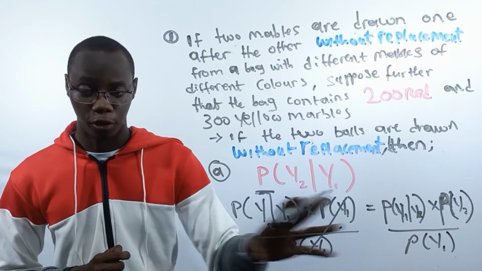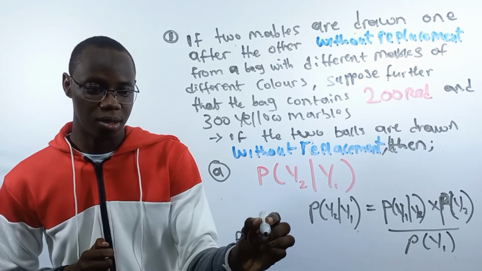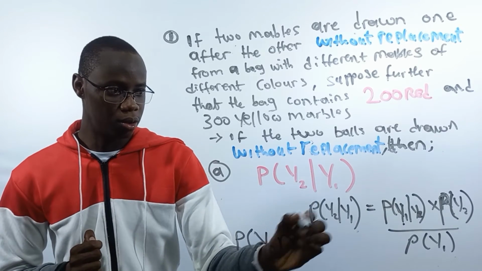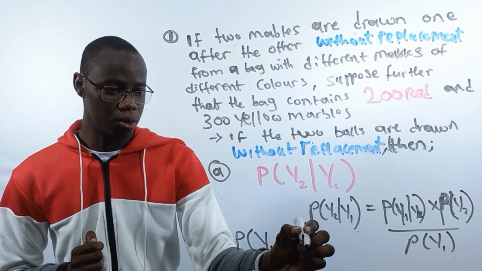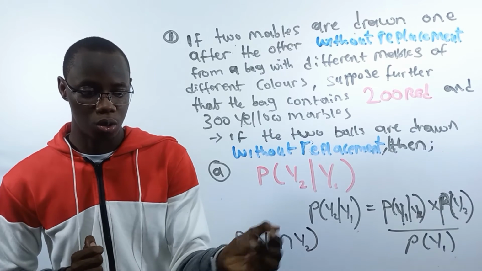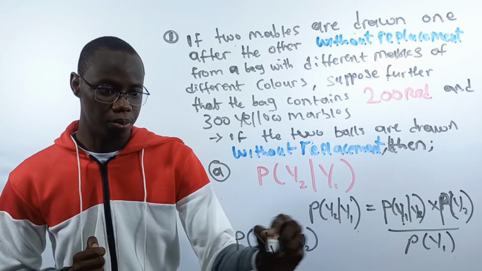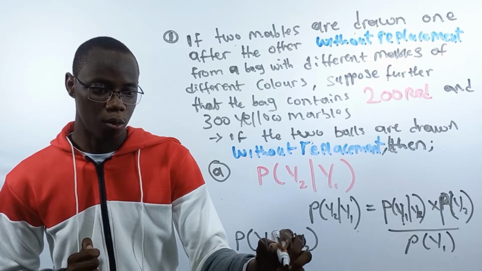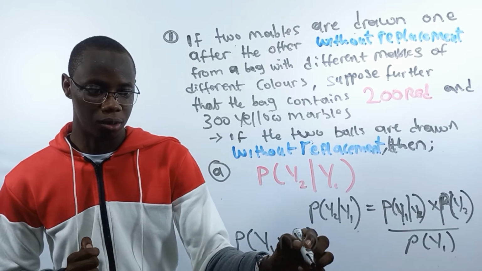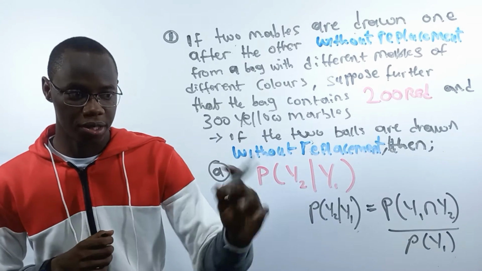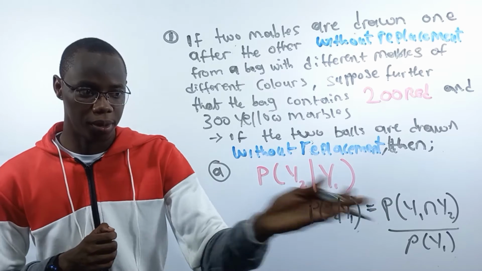So you can reduce the formula like this. The probability of getting y1 merged with the probability of y2, what is common between them. Or, if you don't want to write it like this, you can write the probability of getting y1 and the probability of getting y2. So you can see that we have just reduced the probability like this.